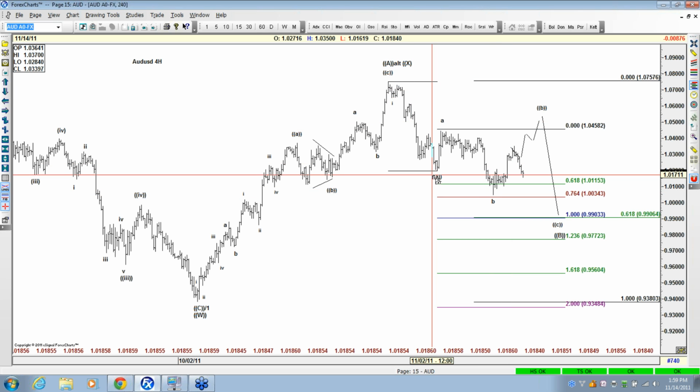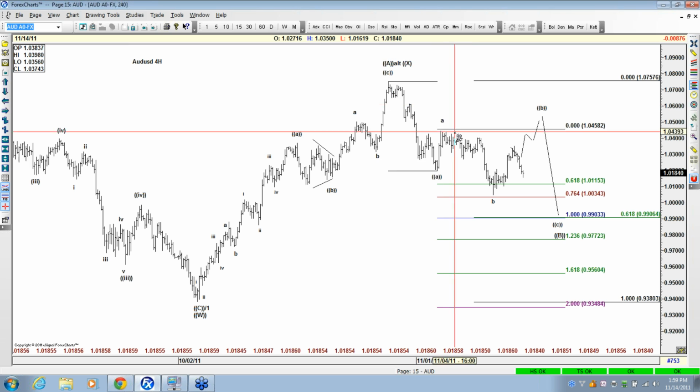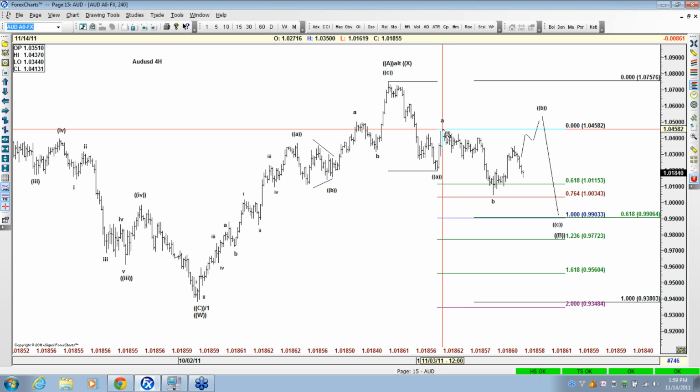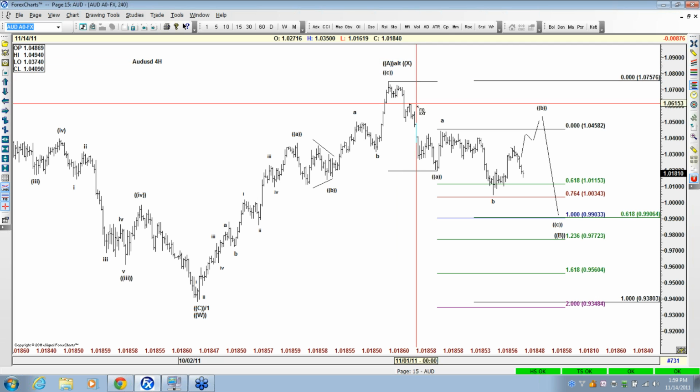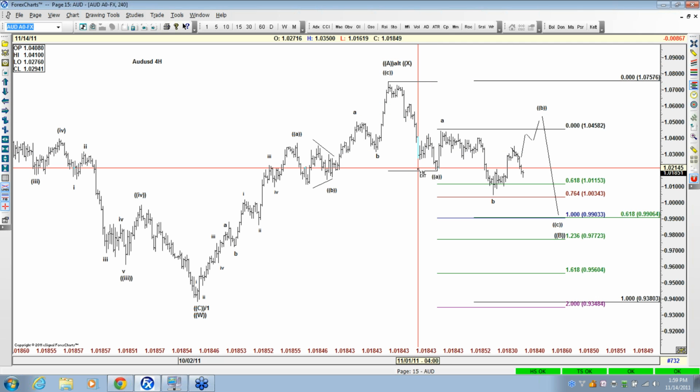Look, the first move that I said was a 7 swing, together with a B equal at the 618 of the previous move. 99 is a huge level to go long Aussie, in my humble opinion.